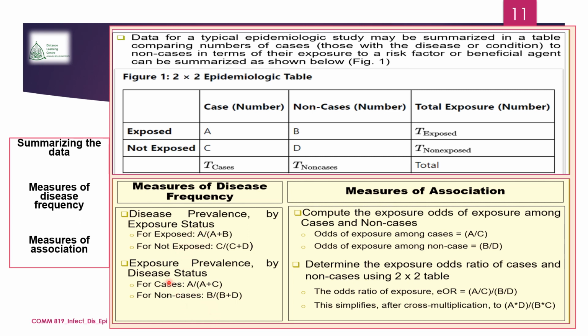Then to calculate the exposure prevalence by disease status, we are looking at it column wise, because the case here is the disease. So for cases, it will be A over A plus C, that is total cases.